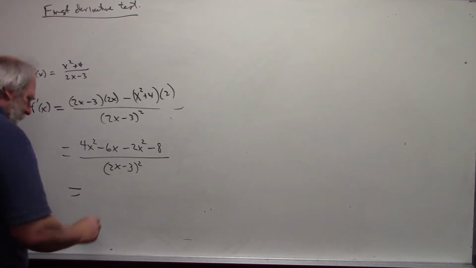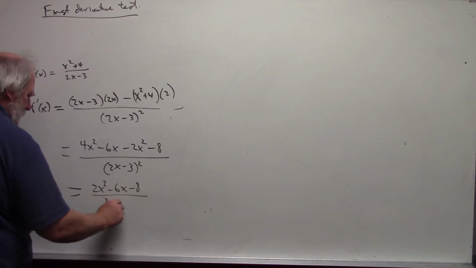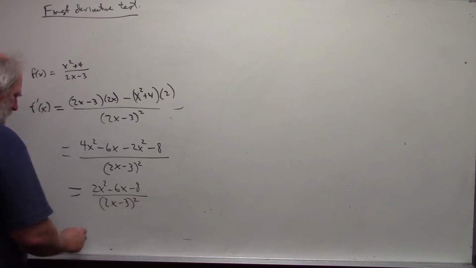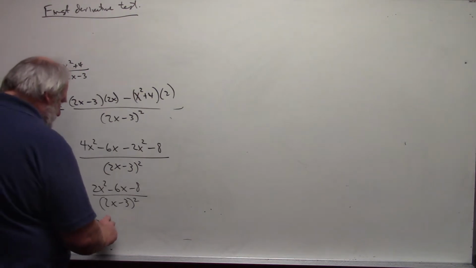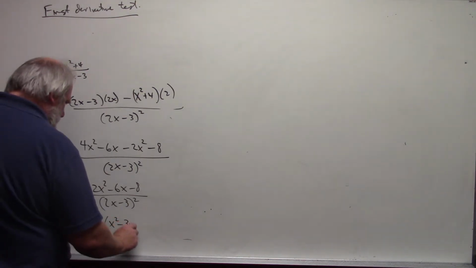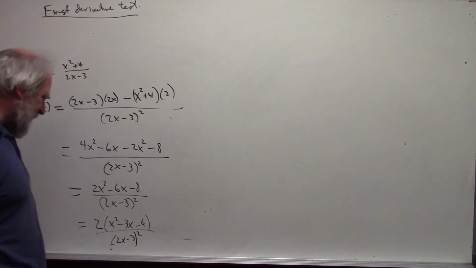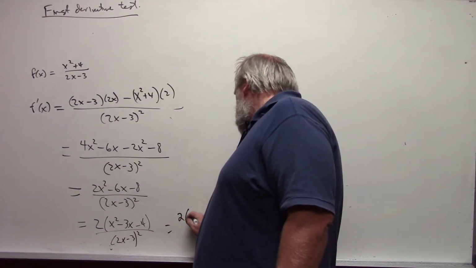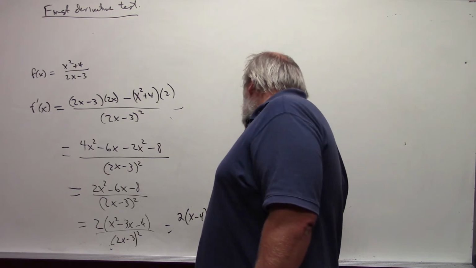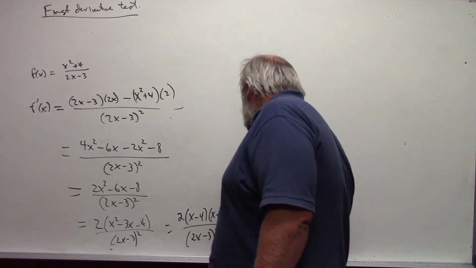I get then 2x squared minus 6x minus 8 over 2x minus 3 quantity squared. And if I want, I can first factor out a 2 in the numerator, and then go ahead and just factor the polynomial. This factors nicely. We get 2 times x minus 4 times x plus 1 over 2x minus 3 quantity squared.